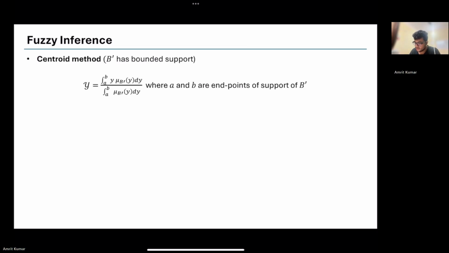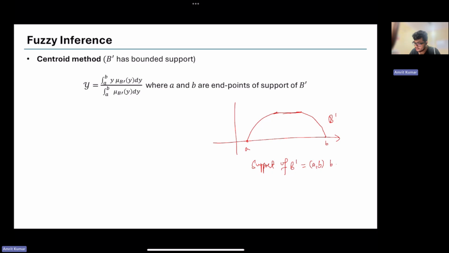Suppose this is your B dash, and this value is A and this value is B. So the support of B dash is A comma B, and it is bounded.